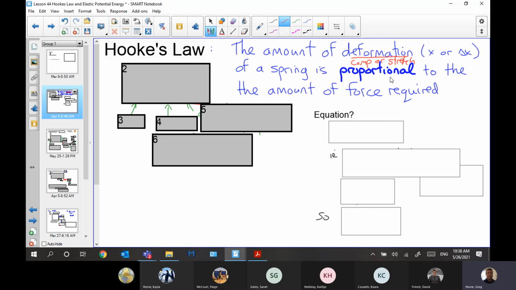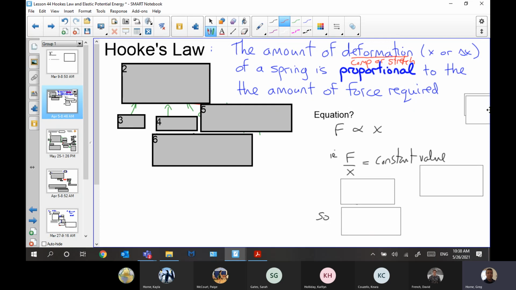It is proportional to the amount of force required. So if we know the deformation is proportional to the force required, that's what was discovered: the force is proportional to the amount of compression or stretch. That makes it really easy to get an equation, because if they're proportional, then the division of them gives you a constant value.